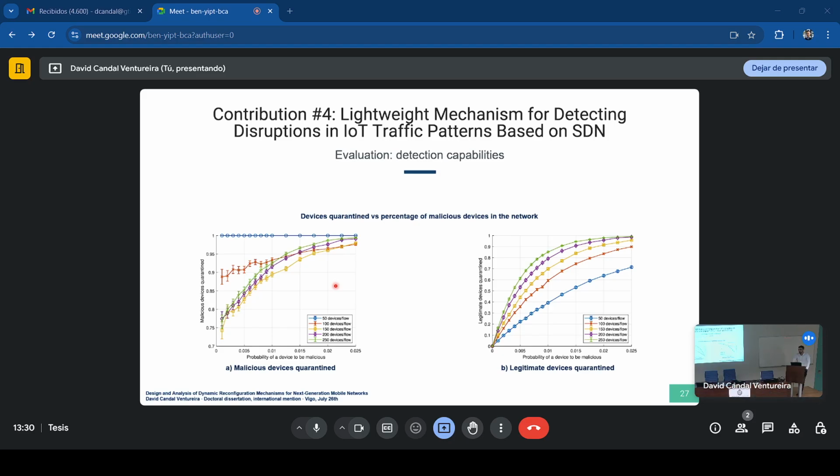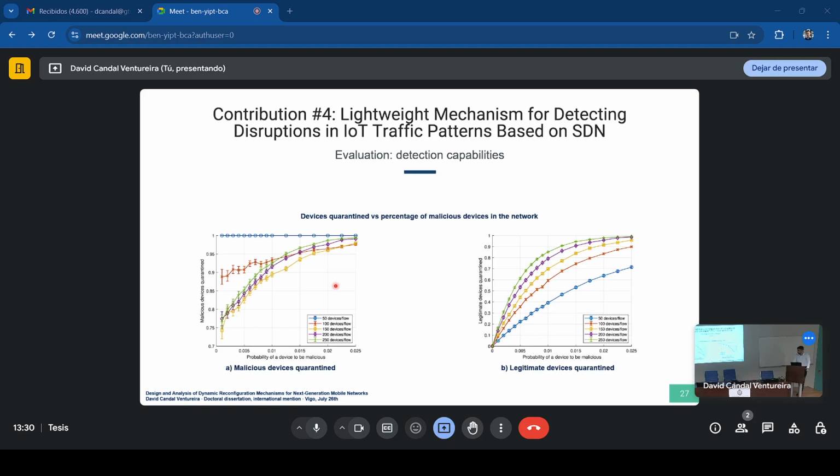Well, the threshold, obviously, because if you put it at 1, then you will almost send everything to the quarantine slice, and obviously you will detect all the malicious traffic as long as it deviates 1 bit from the expected value. Whereas if you put a higher threshold, then you will not detect anything.